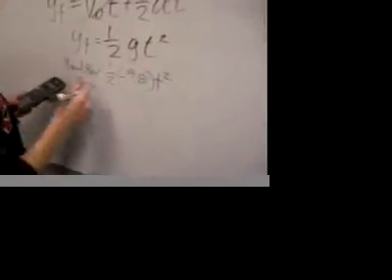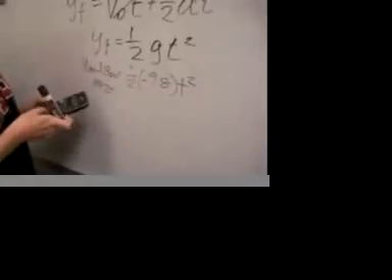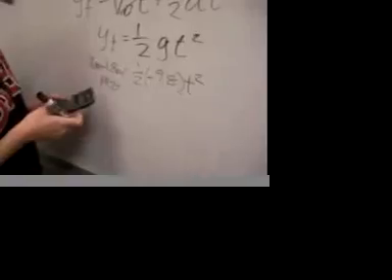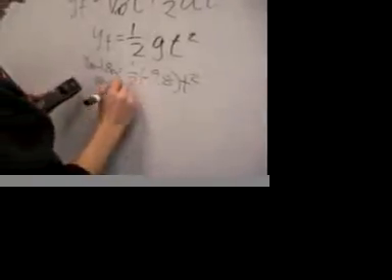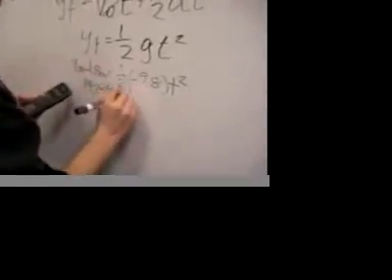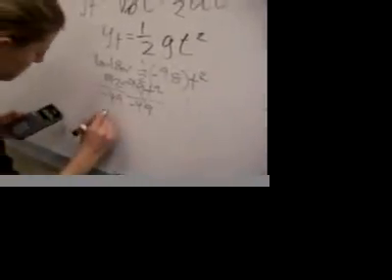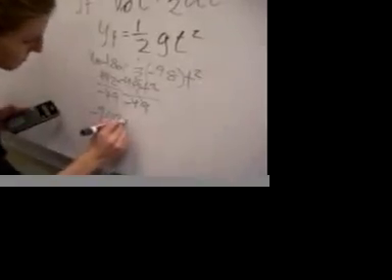Half of -9.8 is -4.9, times t squared. The negatives cancel, so 44.2 divided by 4.9 equals 9.02 equals t squared.